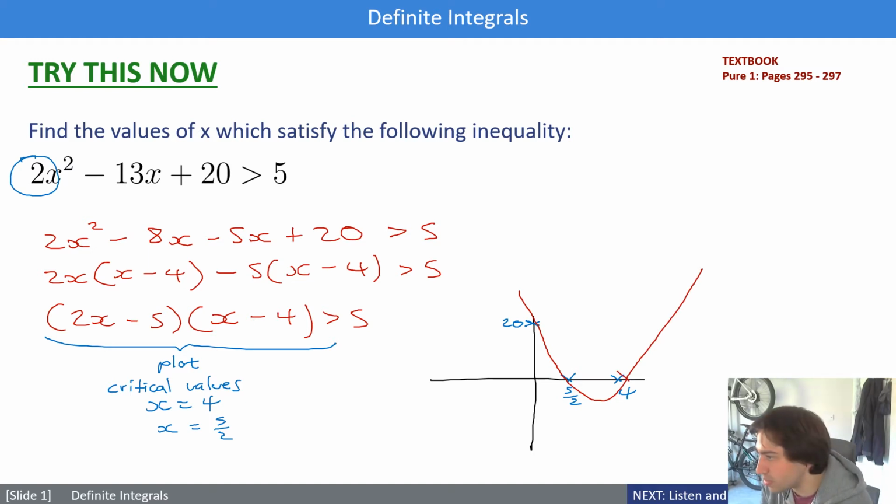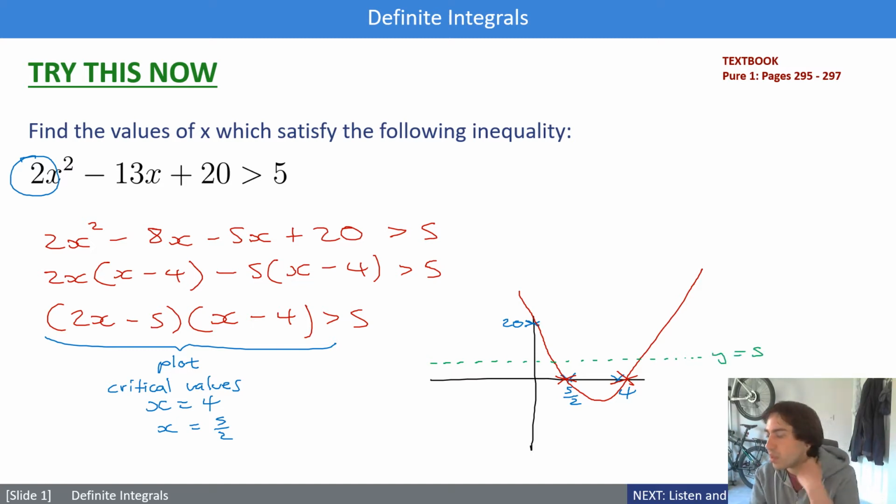Okay, I've just missed the cross there. And the question then is, when is this greater than 5? Right? So when is it greater than 5? It's going to be greater than 5 when it's above this line here. Oops, that's y equals 5.